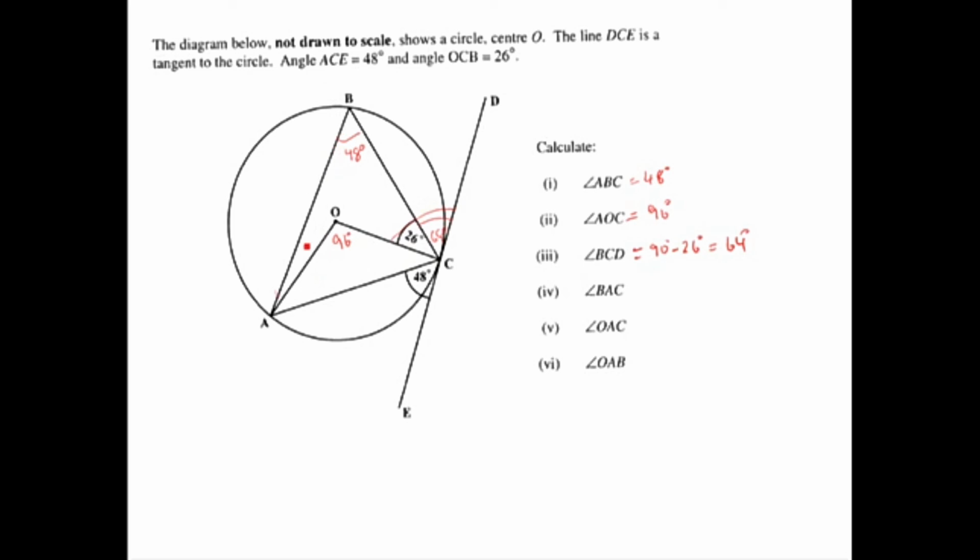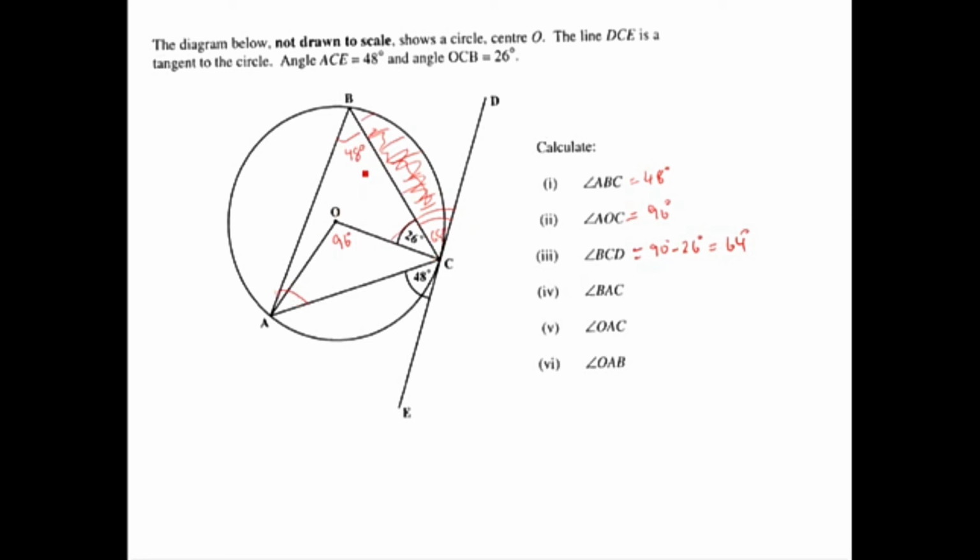Now BAC, this angle right here, is what? Well, if you look at it, this angle here in the minor segment, because this is chord BC, is 64 degrees. And so the angle that this chord subtends at the circumference is equal to the angle between the same chord and the tangent in the minor segment of 64 degrees.